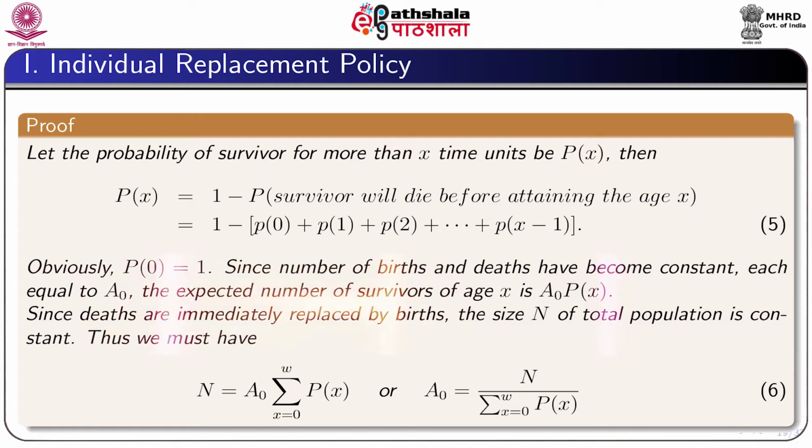Since the number of births and deaths has become constant and is equal to A 0, the expected number of survivors of age x is A 0 into capital P x.